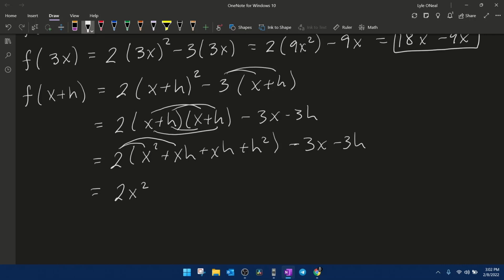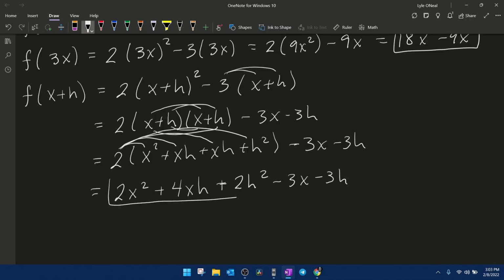Notice I'm going to have a 2xh and another 2xh. Altogether that will give me a 4xh, combining like terms as I go. And then 2h squared minus 3x minus 3h. There are no other like terms to combine, so this would be our final simplified result for f of x plus h.